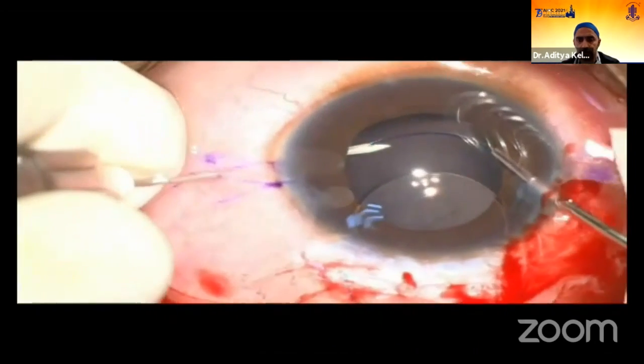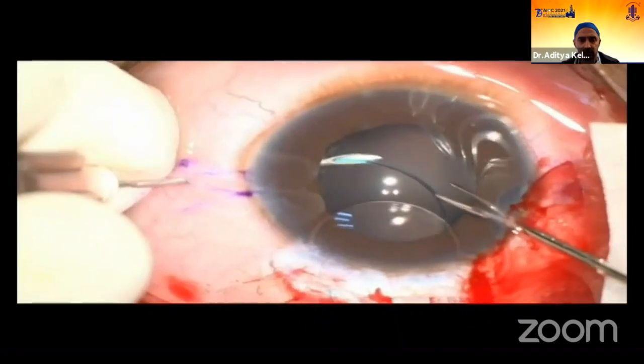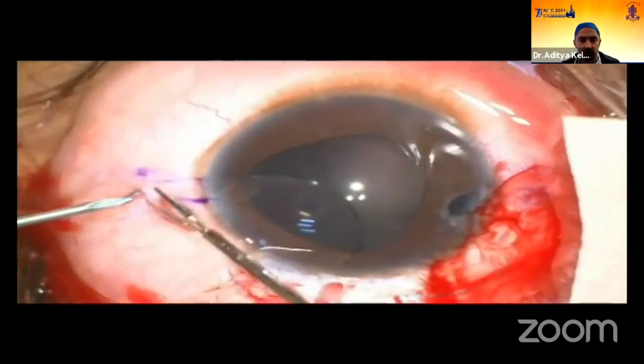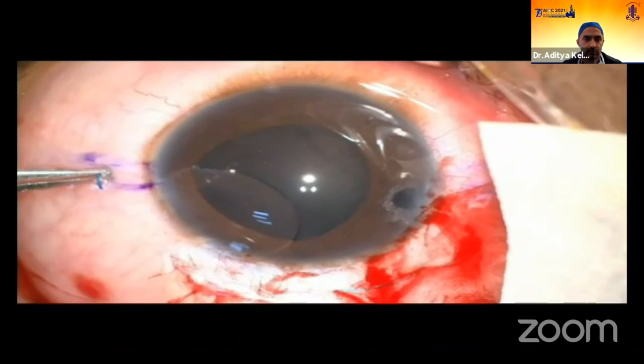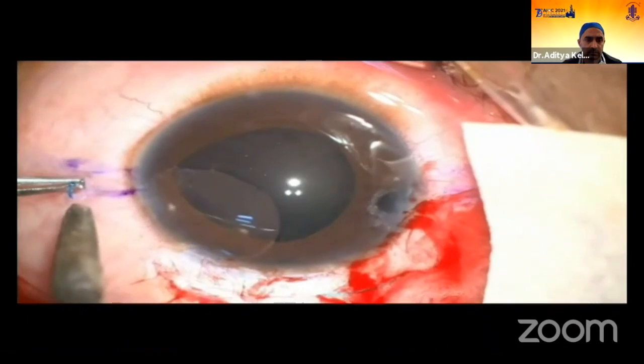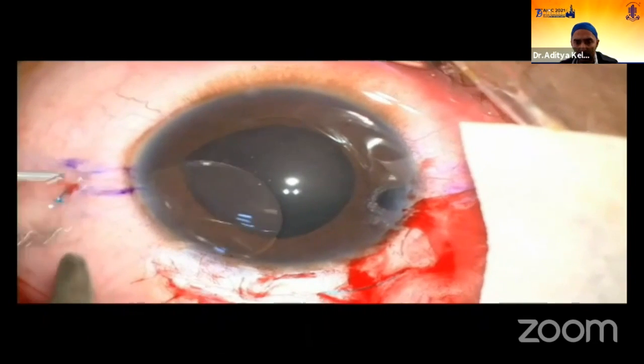And this is another video where the first haptic has been flanged now. Now we are moving ahead to the second one.